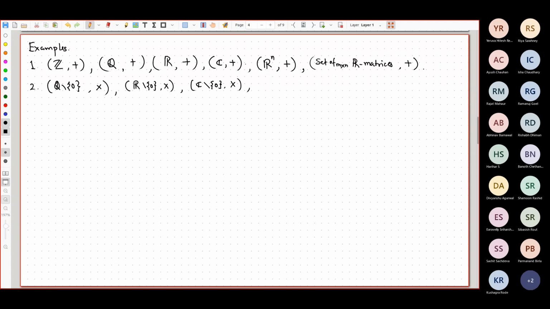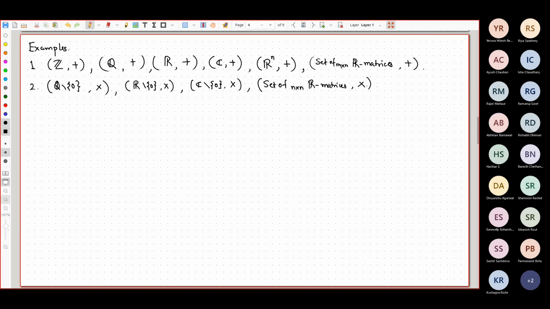So can I say that the set of n cross n, let's say real matrices, under multiplication is a group? Set of n cross n matrices for some fixed n. Is this a group? Abhinav? Sir, we need to exclude the ones which have determinant 0, because they don't have a multiplicative inverse.